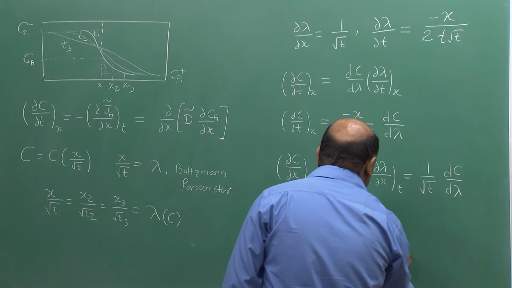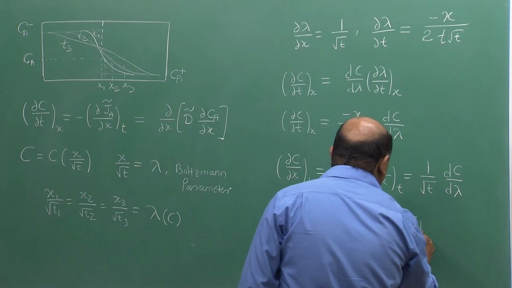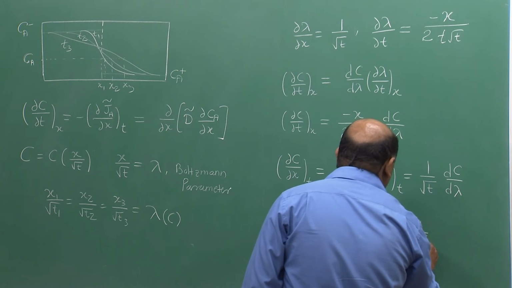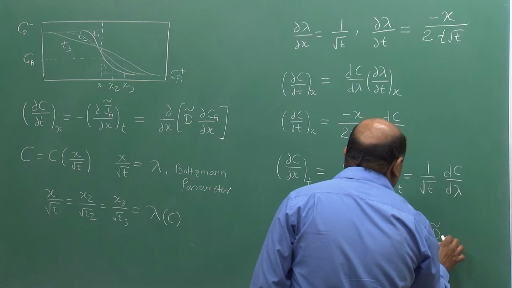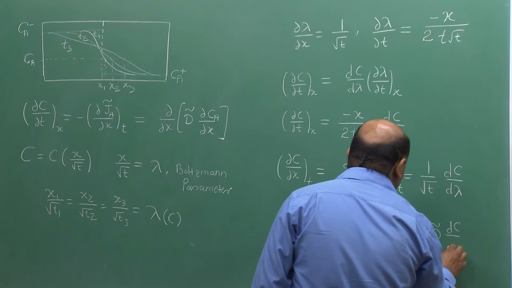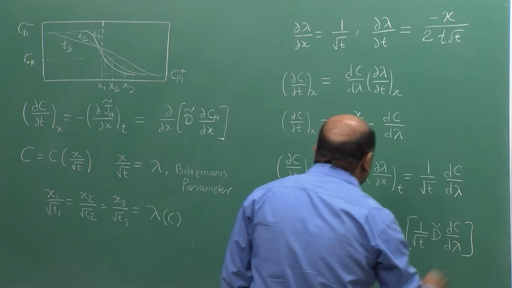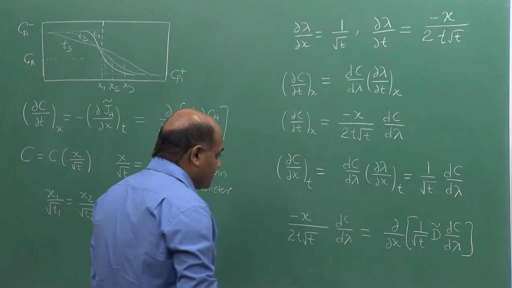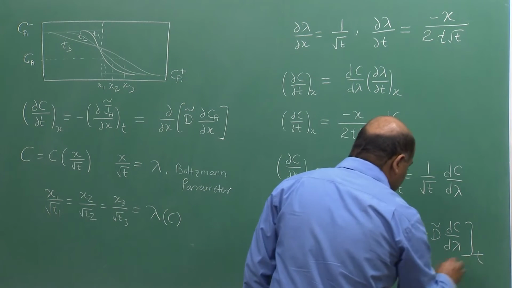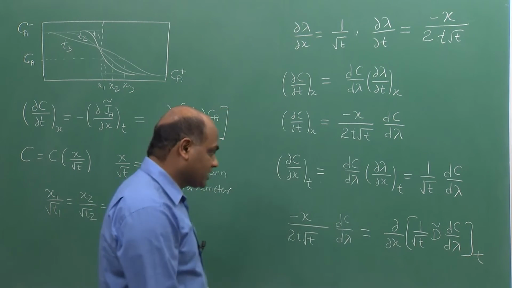∂/∂x of 1 over root t D tilde dc/dλ. Now, this is at constant t, so we can take this 1 by root t outside.